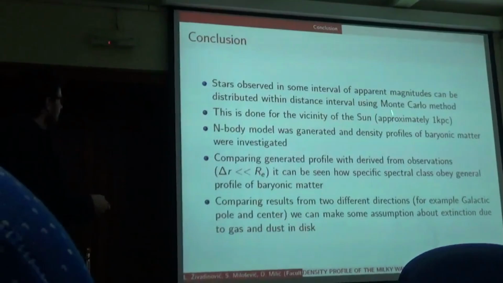And of course, the end would be to make a comparison between two directions, galactic pole and galactic center, and that is for the future. So this was just brief information about the progress report, about what we have done and what is planned to be done in the future. Thank you.